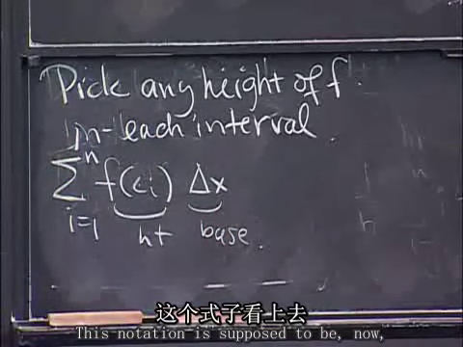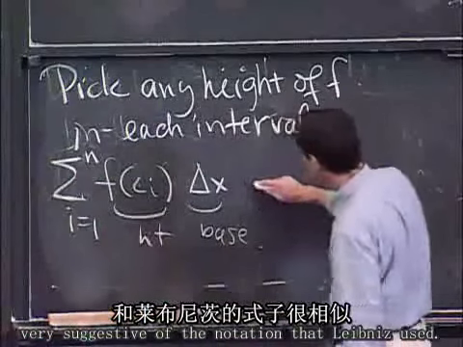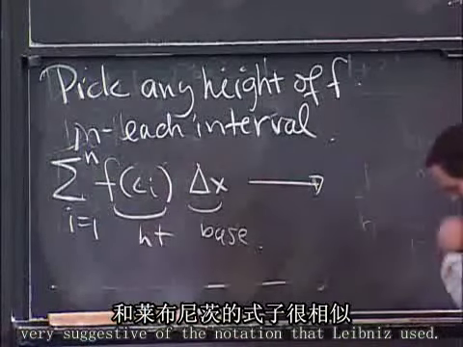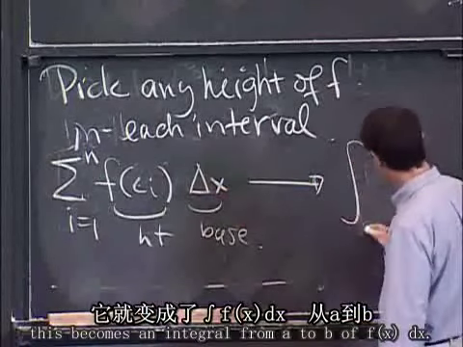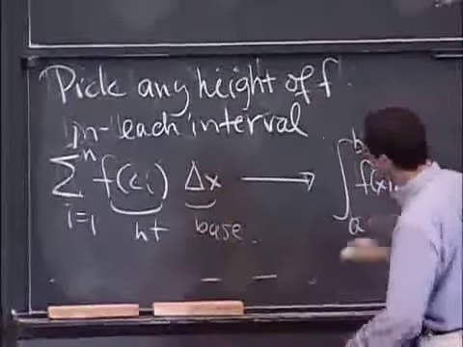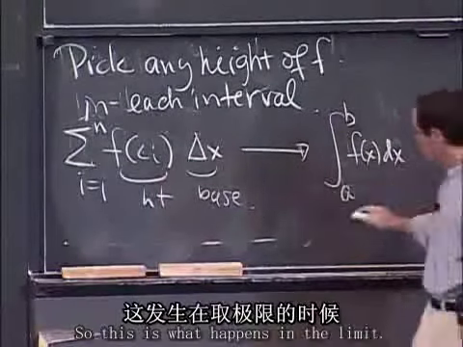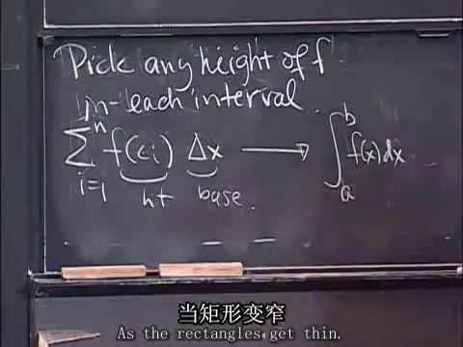This notation is supposed to be now very suggestive of the notation that Leibniz used, which is that in the limit, this becomes an integral from a to b of f of x dx. And notice that the delta x gets replaced by a dx. So this is what happens in the limit as the rectangles get thin.